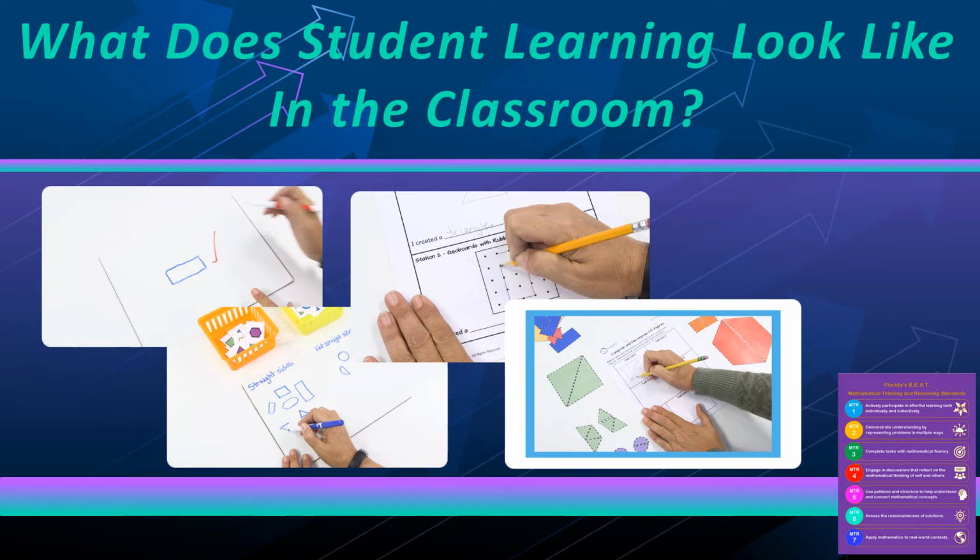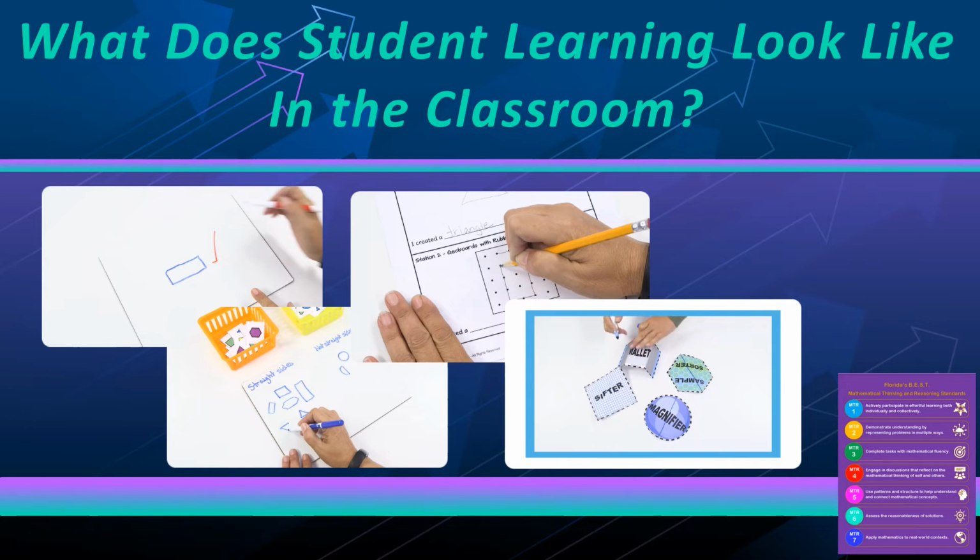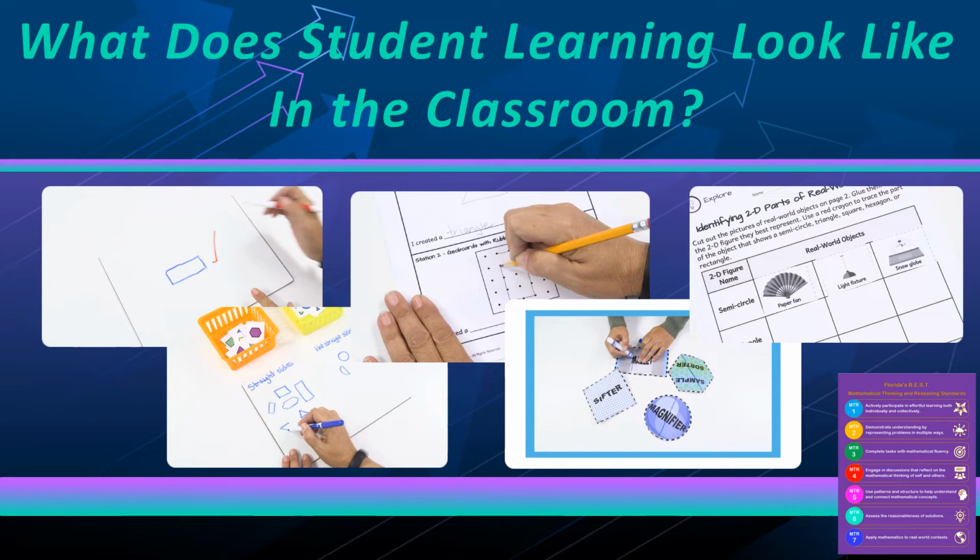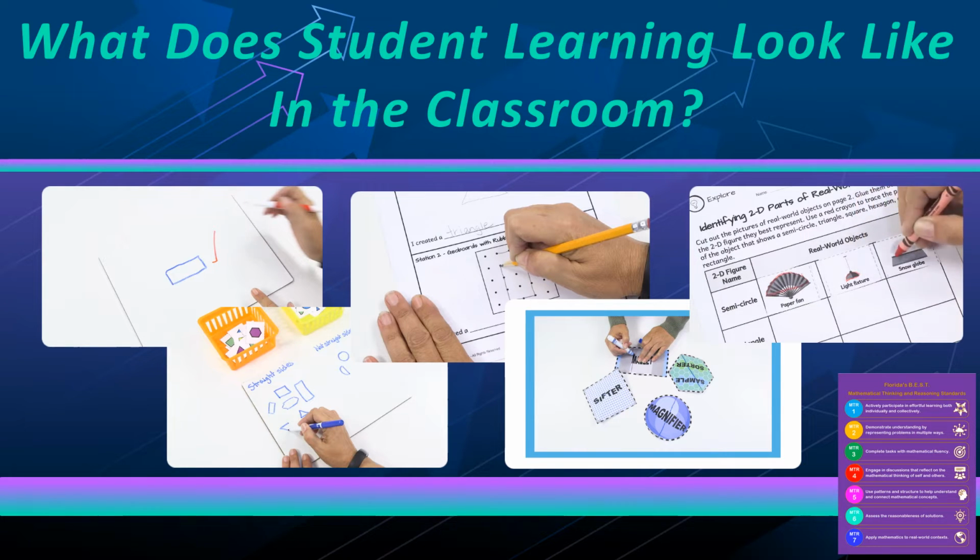Explore 4 requires students to both compose and also decompose two-dimensional figures. And finally, in Explore 5, we give our students the opportunity to identify two-dimensional figures within real-world objects.